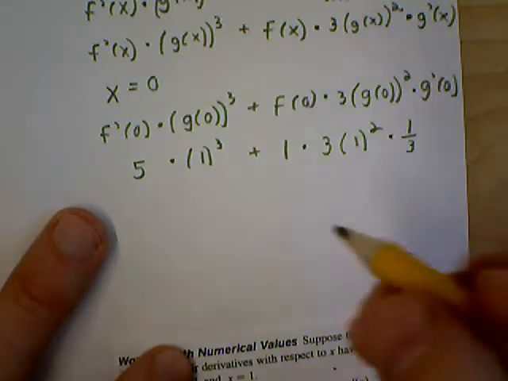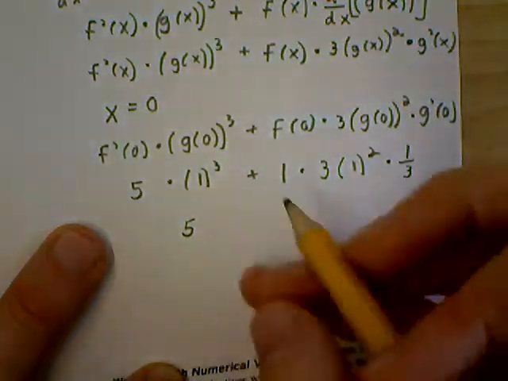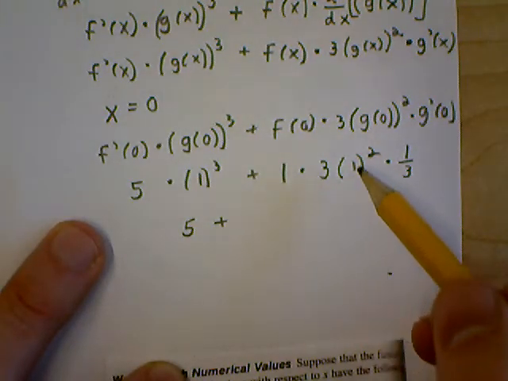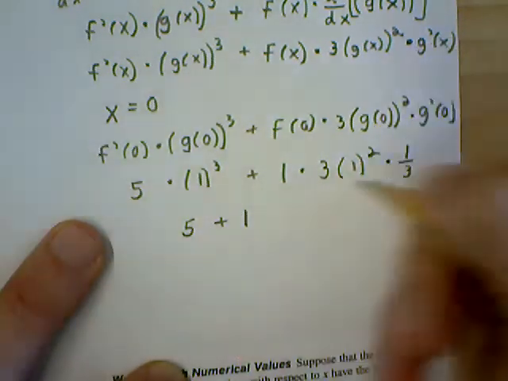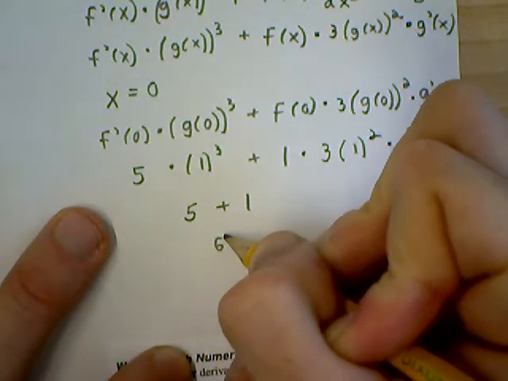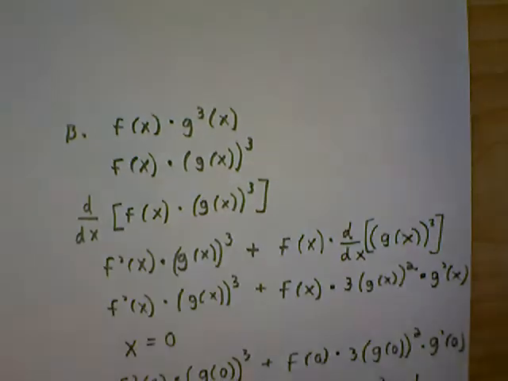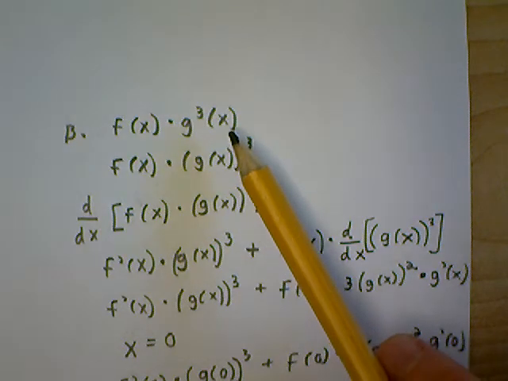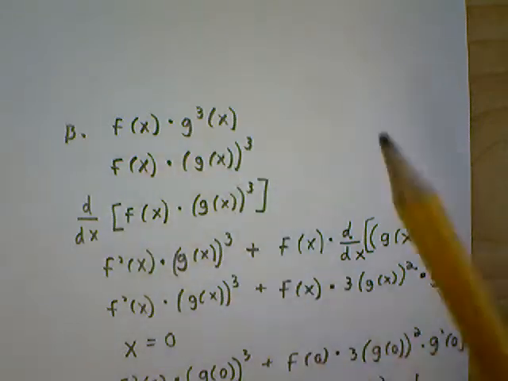So let's keep multiplying. That becomes 5 times 1 cubed, or 5, plus 1 times 3 times 1 times 1/3, which is 1. Add these together, and my answer is 6. So to review for this problem, before I took the derivative of g cubed of x, I first had to rewrite this as g of x cubed.